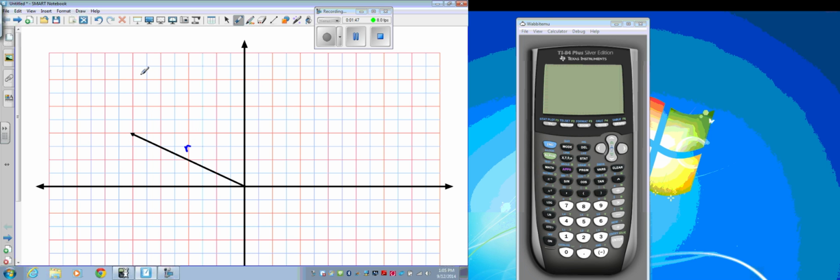And r was going to be the square root of x squared plus y squared, where in this particular point, x is minus 4, y is 2.